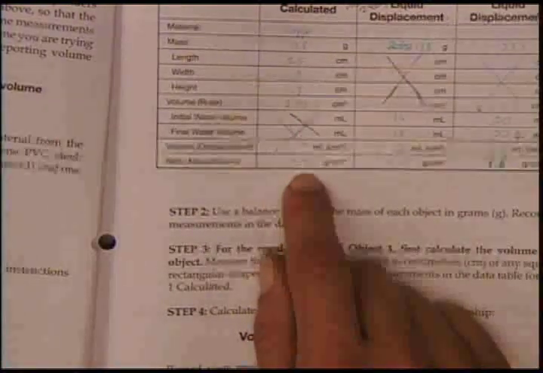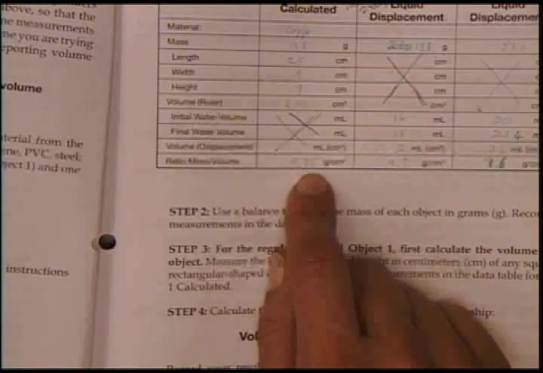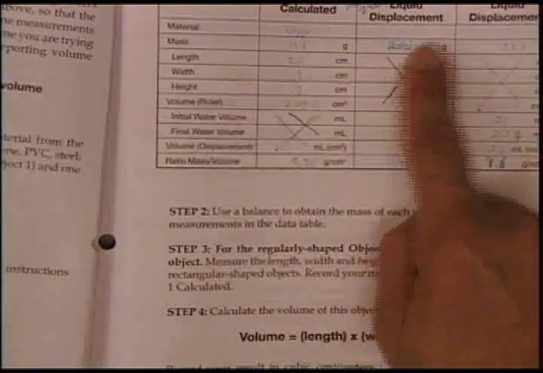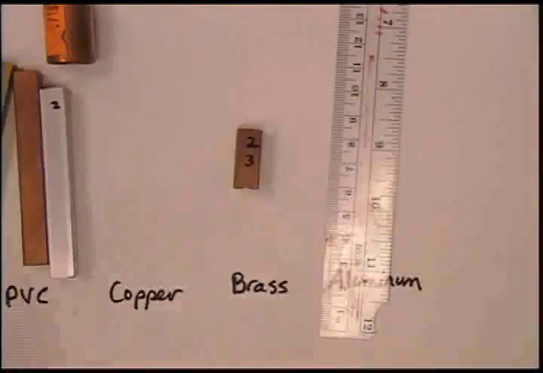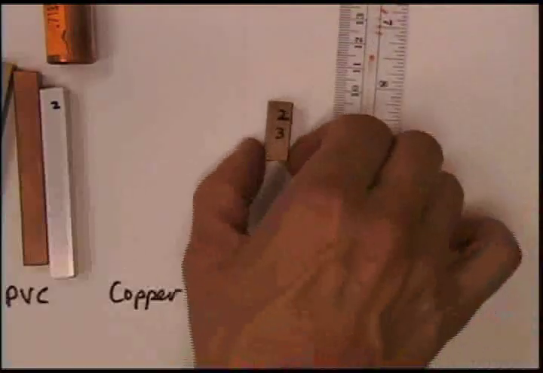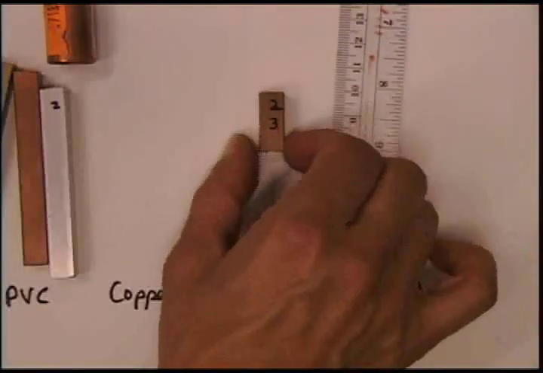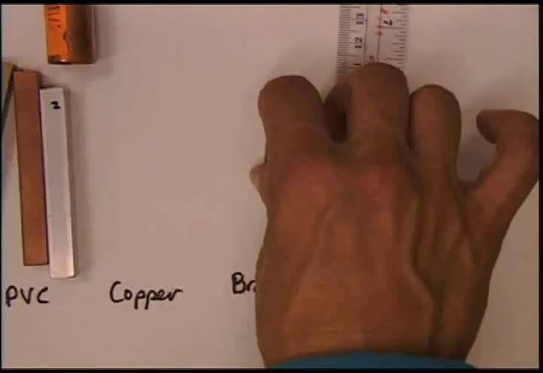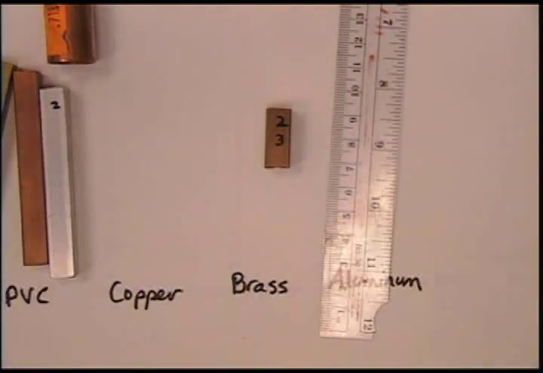So that final ratio of mass to volume is a calculation. Now, we're going to take that same piece of copper, and instead of finding the volume through length times width times height, we're going to find the volume by liquid displacement.